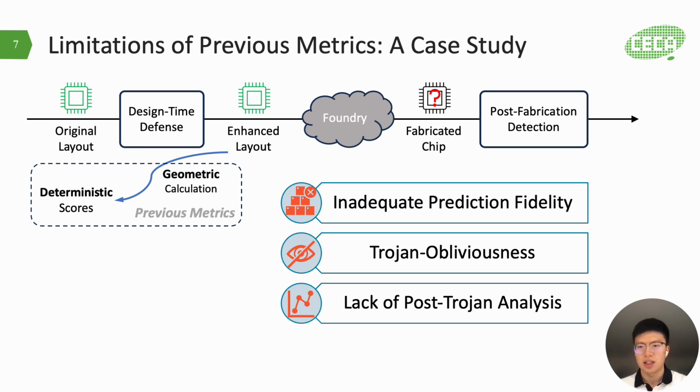For example, in the case study, if the Trojan cell was slightly larger and could not fit in layout version 2, the version 2 would be more secure instead. And last, they consider no analysis of the Trojan insertion due to their first-order nature.